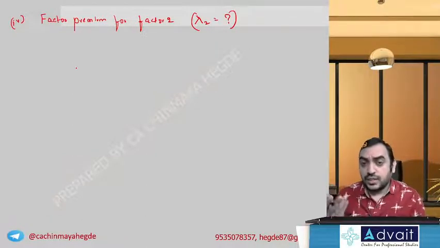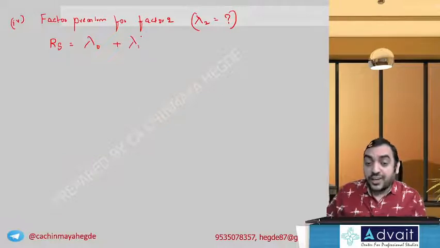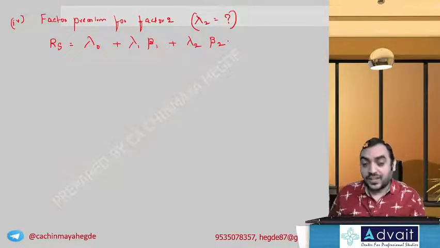So we will use security A and security B. So what is the formula under the APT formula? Return of a security is given by lambda 0, the risk-free security, plus lambda 1 for factor 1 times beta 1 for factor 1, plus lambda 2 for factor 2 times beta 2 for factor 2.